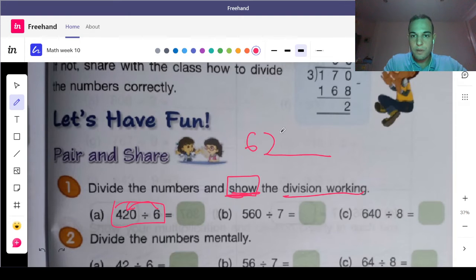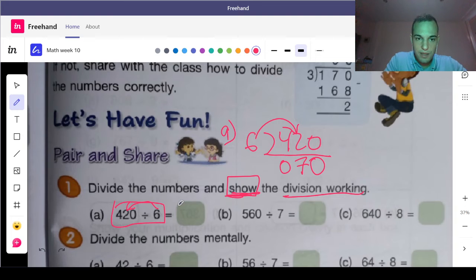Okay? So for A, 6 goes into 4 0 times. 6 goes into 42 7 times. And then we bring down the 0. The answer is 70. Super easy.